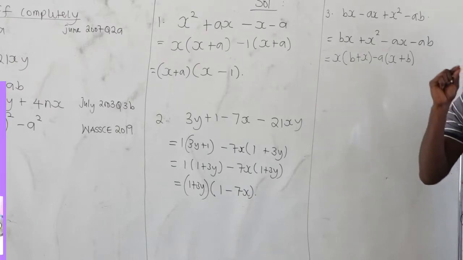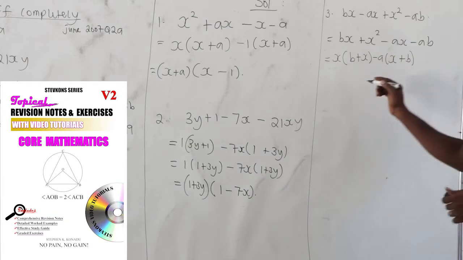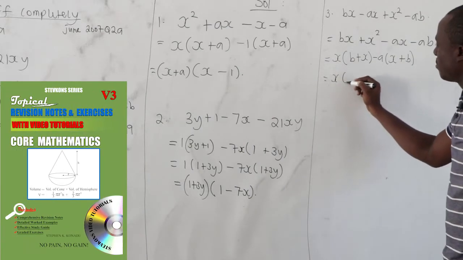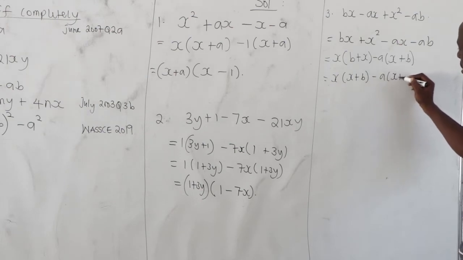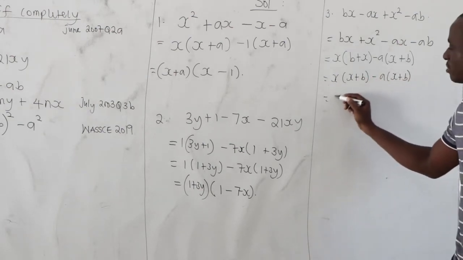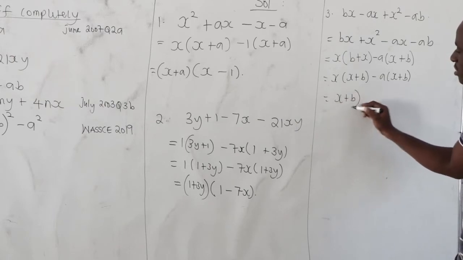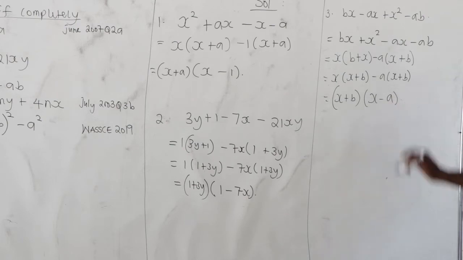Why? 1 plus 2 is the same as 2 plus 1. So let me rewrite it so that it will look the same: x plus b, minus a, x plus b. So x plus b is common. Let me bring that one out. So you have x plus b out. Now what is left? We have x minus a.